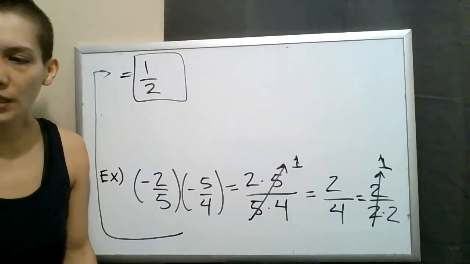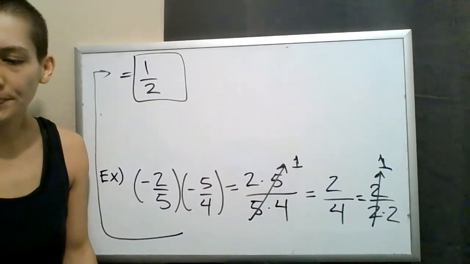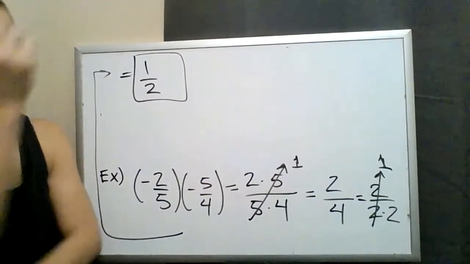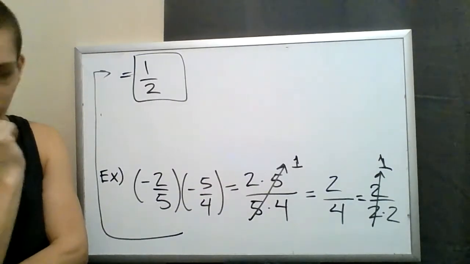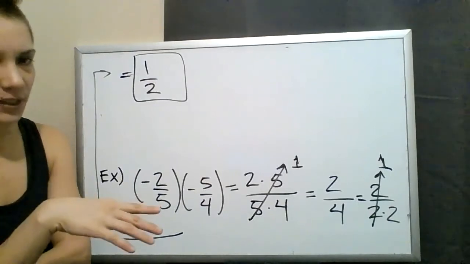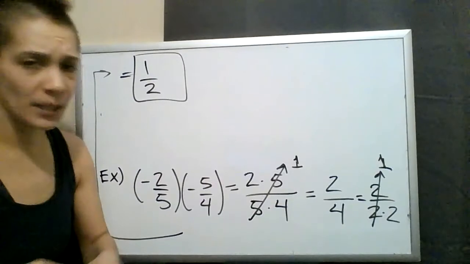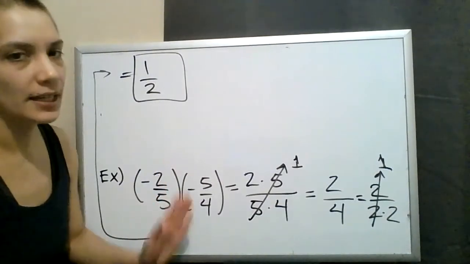I'm going to move on. Okay, so next I want to talk about dividing by 0. Any number divided by 0 is undefined.